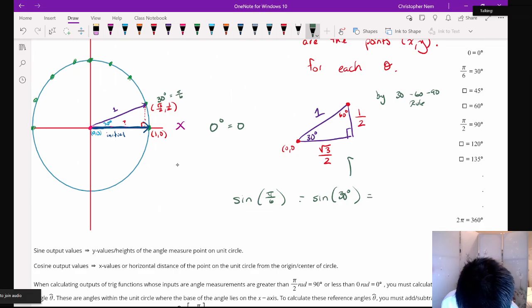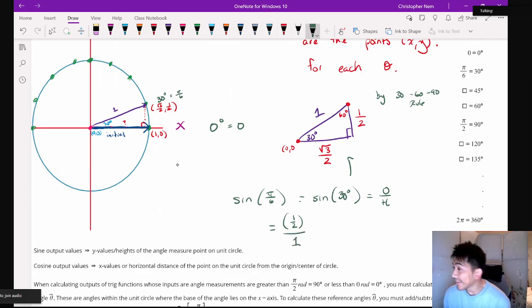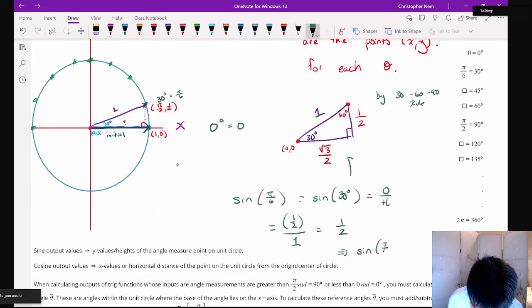Opposite is equal to 1/2. And my hypotenuse is 1. Now, any number divided by 1 is itself. So this value is 1/2. This means that sine of pi over 6 is equal to 1/2.